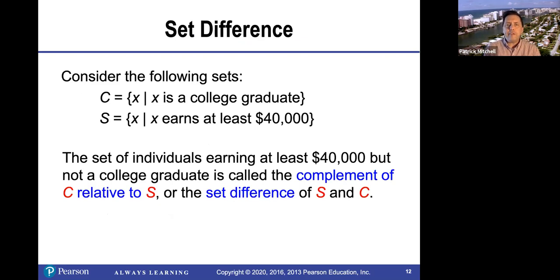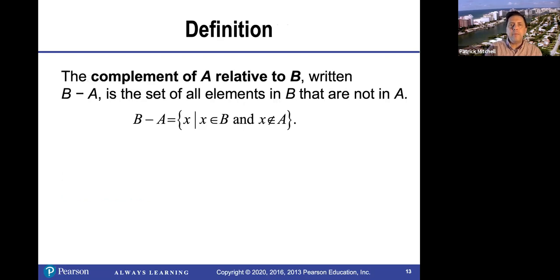So using the same two sets, if we wanted to talk about individuals earning at least $40,000, but who are not college graduates, that's called the complement of C relative to S, or the set difference of S and C. The complement of A relative to B, which is written like this, is the set of all elements in B that are not in A. So using set builder notation, that is the set of all X such that X is an element of B and not an element of A.